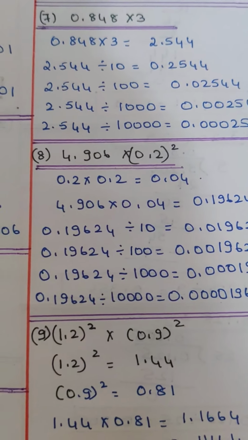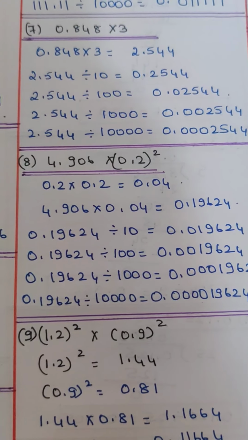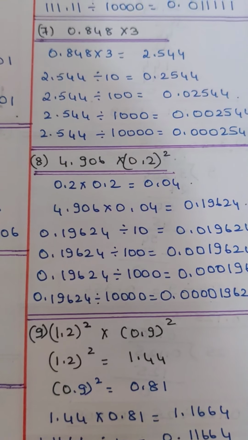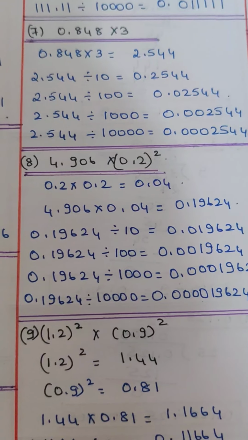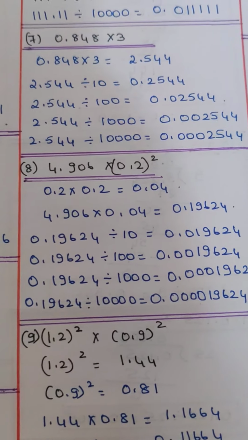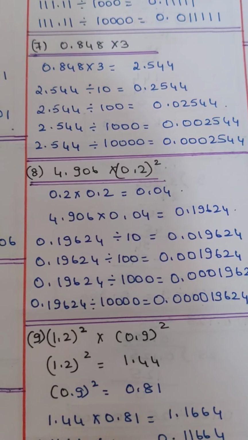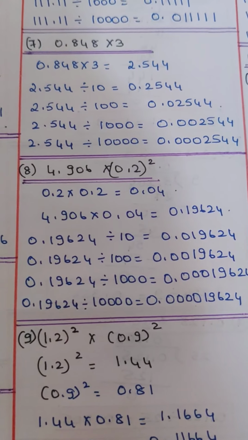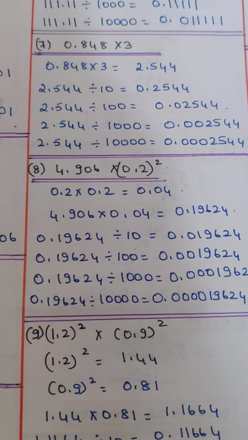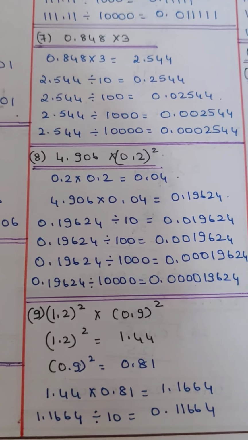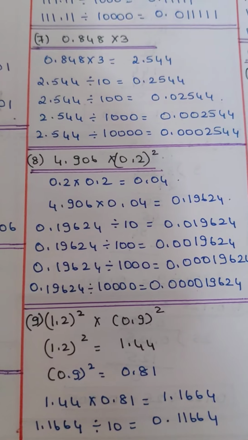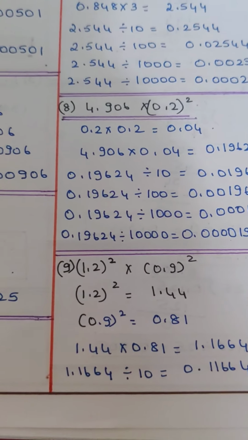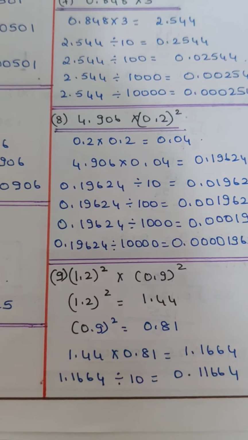Now 0.19624 divided by 10 is equal to 0.019624. 0.19624 divided by 100 is equal to 0.0019624. 0.19624 divided by 1000 is equal to 0.00019624. 0.19624 divided by 10,000 is equal to 0.000019624.